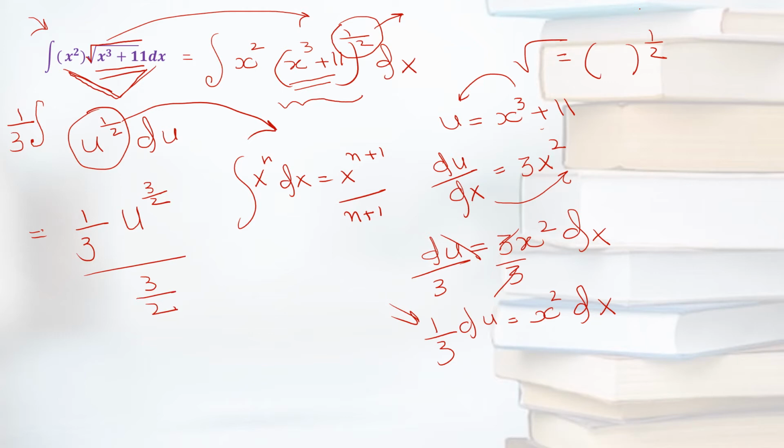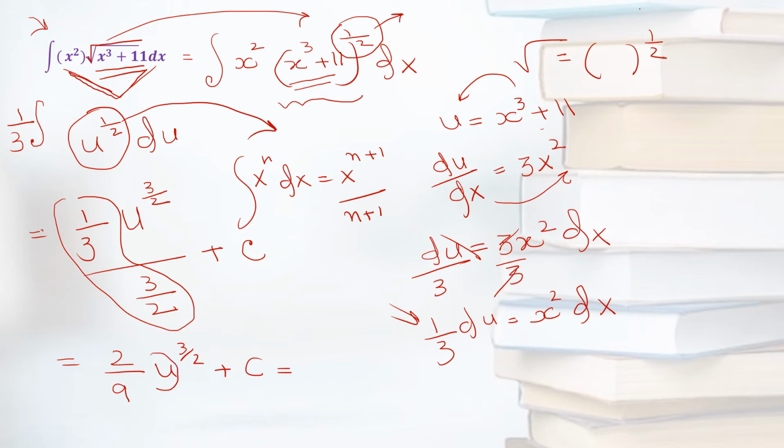Since this is an indefinite integral, you write the constant of integration at the end. Now calculate 1 over 3 divided by 3 over 2. It gives you 2 over 9 u to the power 3 over 2 plus c.